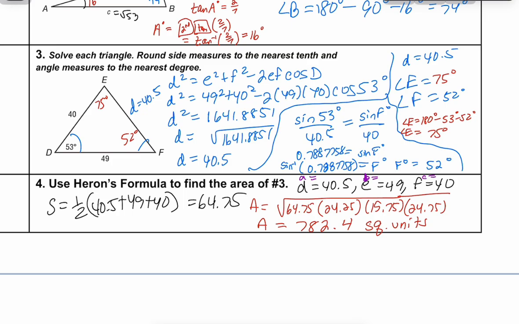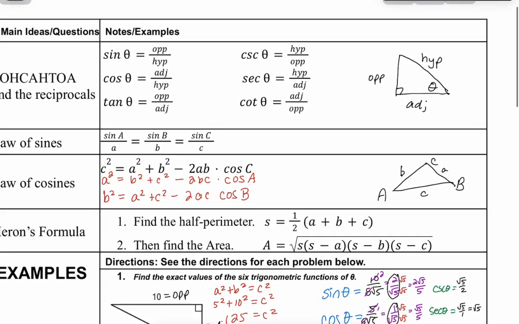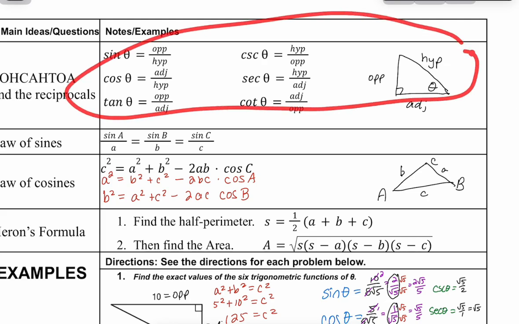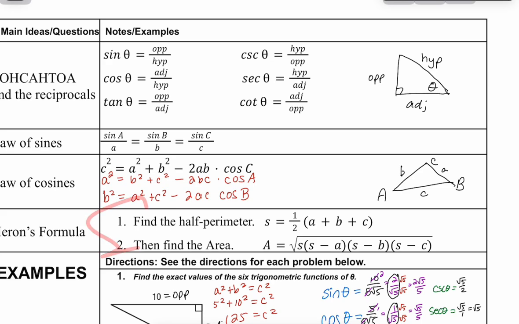So on the quiz tomorrow, there is the memorization portion. You will have to know your SOHCAHTOA, law of sines, law of cosines. I'll give you the half perimeter, or the area formula.